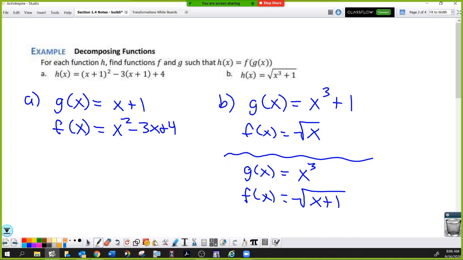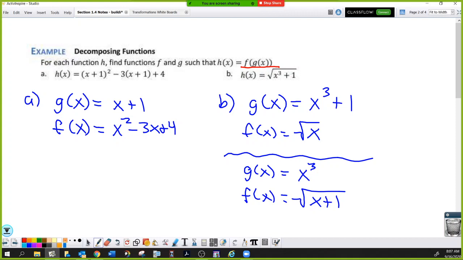So the question was, why couldn't f of x be x cubed plus 1? Because of this, which is why I prefer this notation. You see how g of x is inside the parentheses? That means that g of x had to be the inside stuff. So f of x couldn't be x cubed plus 1 because that would have implied that you were plugging f into g.